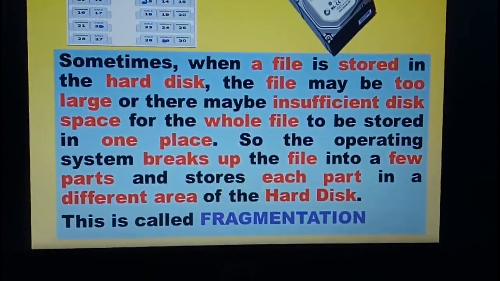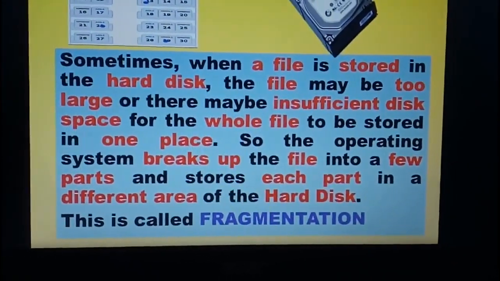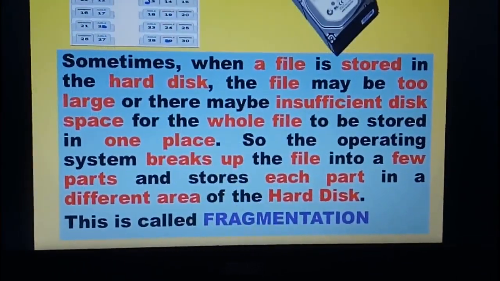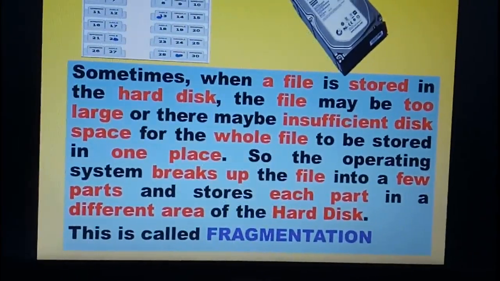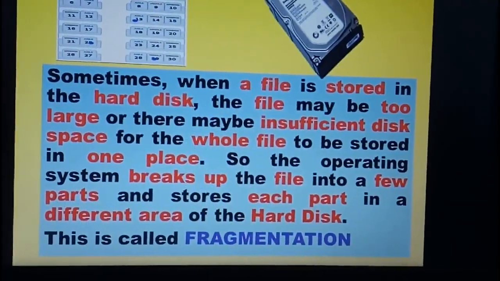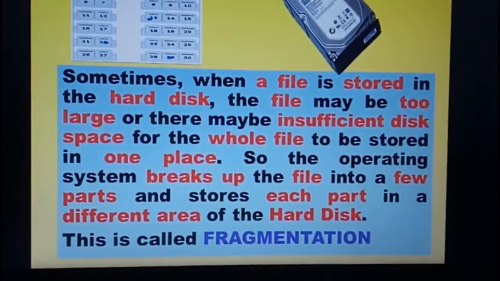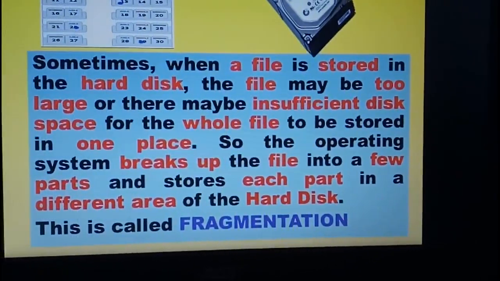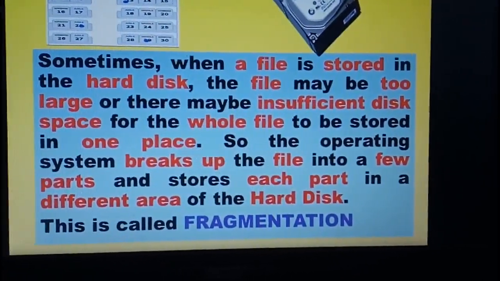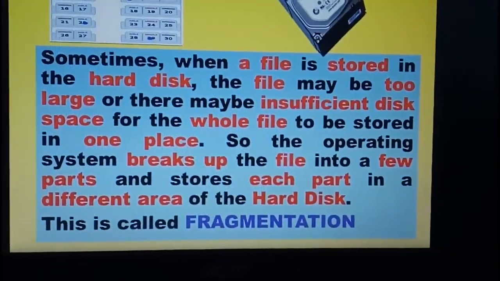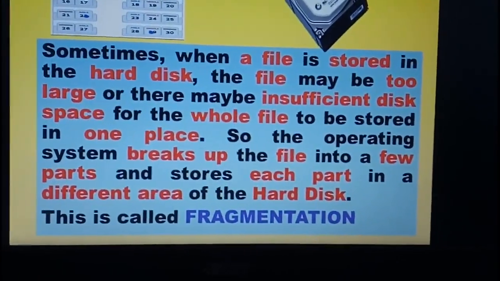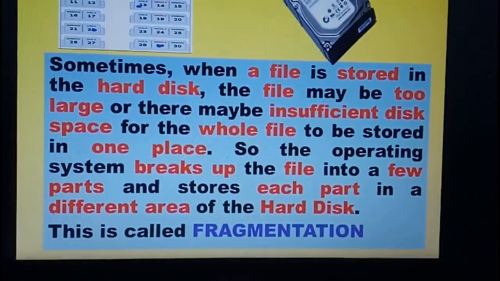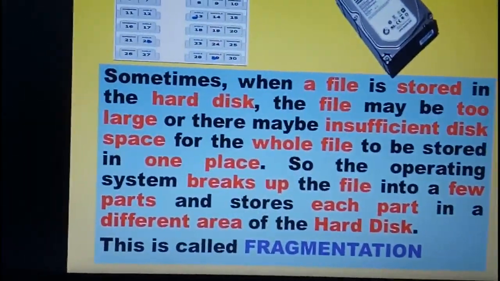Just like sometimes the group of passengers traveling is too many, or there are not enough empty unreserved seats in the compartment for the whole group to be accommodated together. So what happens to the file? The operating system breaks up the file into a few parts and stores each part in a different area of the hard disk. This is called fragmentation.